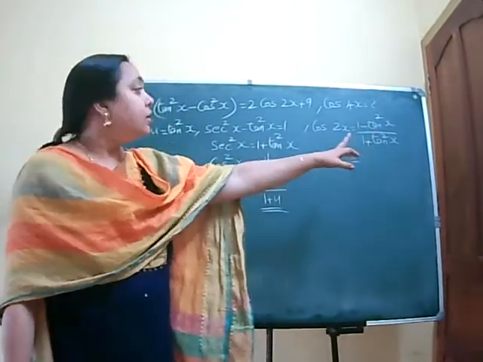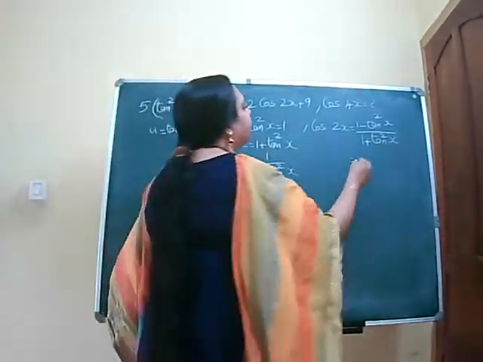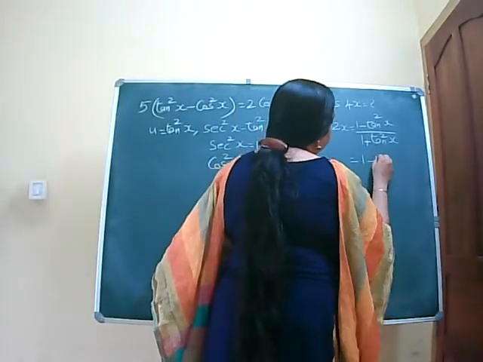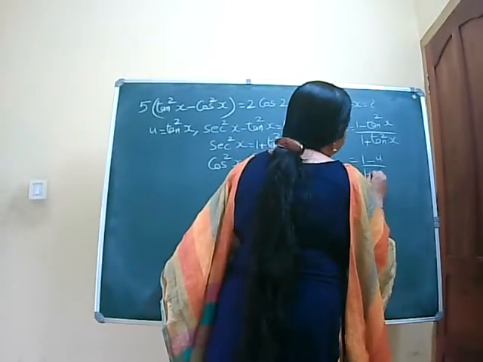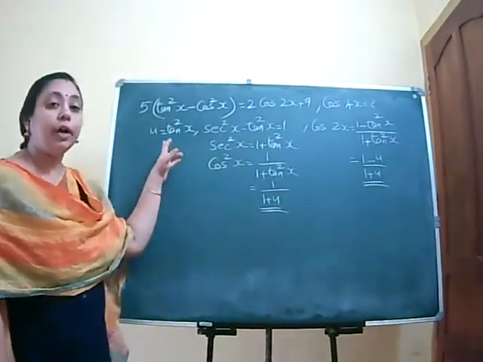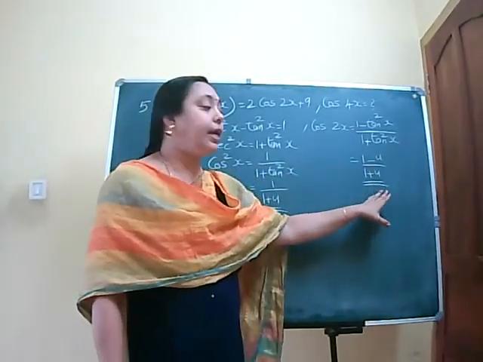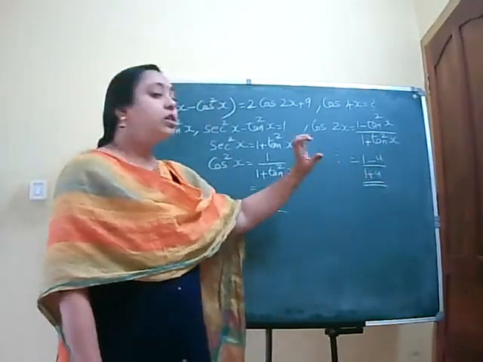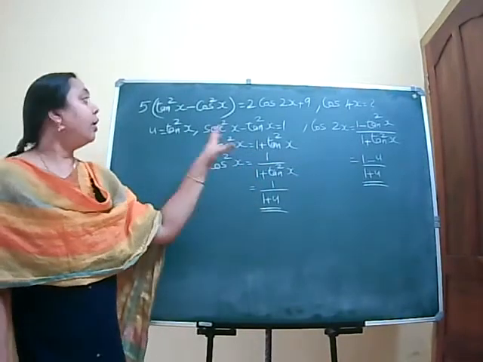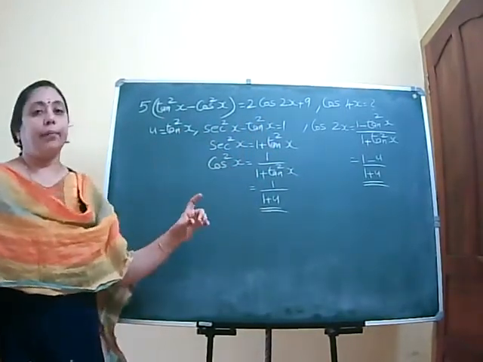Now, substitute the u. Since we have taken the substitution for tan square x, this becomes 1 minus u divided by 1 plus u. So we have converted all other terms into the terms of tan square.